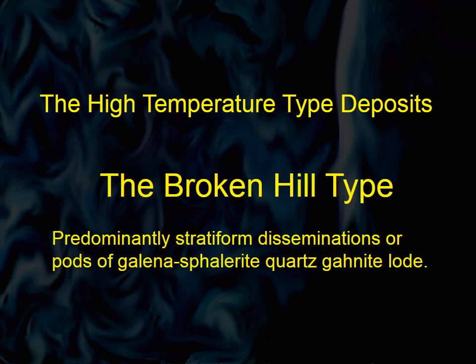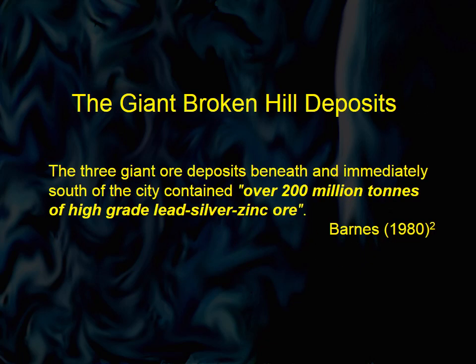The most important of which is the Broken Hill type, consisting of stratiform disseminations or pods of galena, sphalerite, quartz, granite lode. The giant Broken Hill deposit consists of three contiguous ore bodies containing more than 200 million tons of high-grade lead, silver, zinc ore.